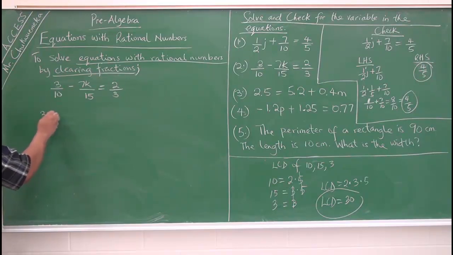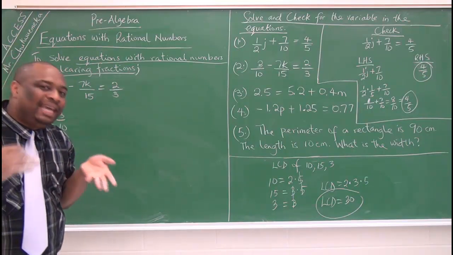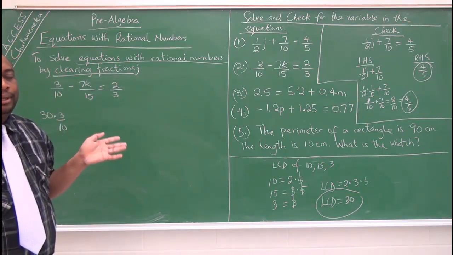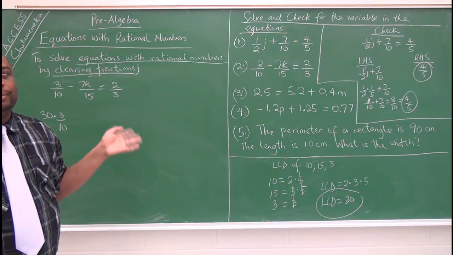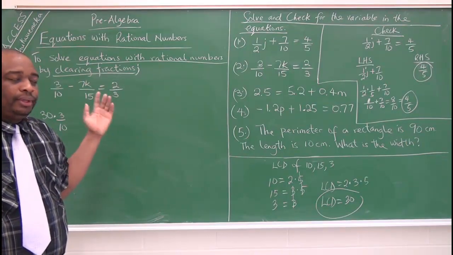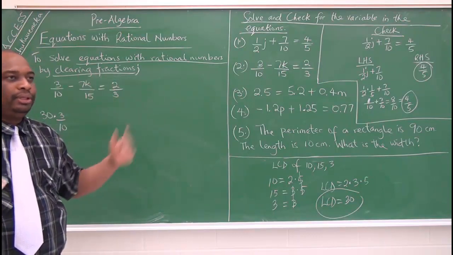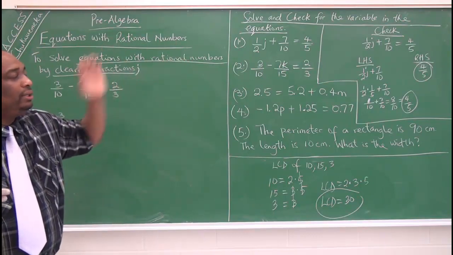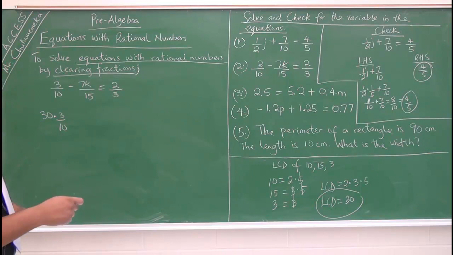Now if we use 30 to multiply every single term in the equation, this will be 30 times 3 over 10. If you really want to skip some steps, if you don't want to say distributive property, it doesn't matter, but I advise you to use the first one we did, using the distributive property.